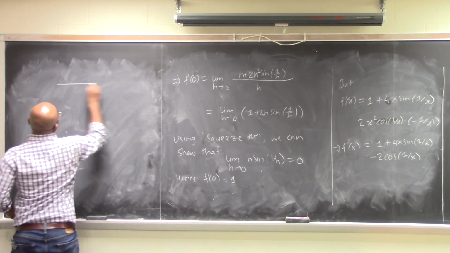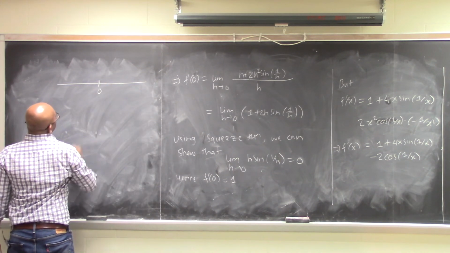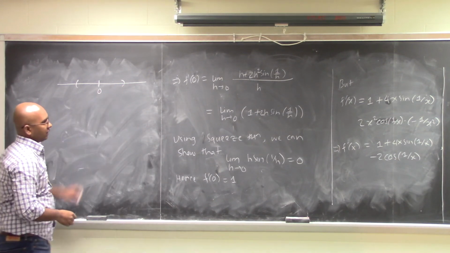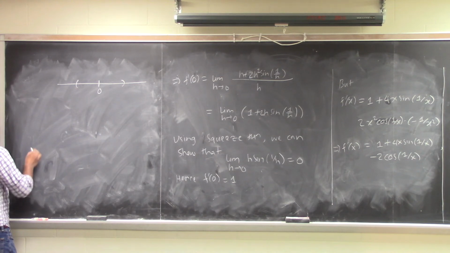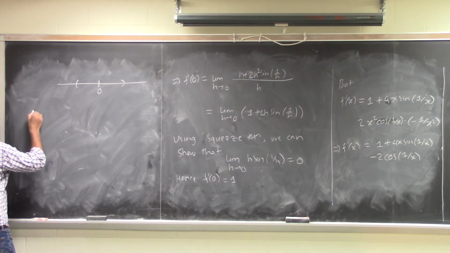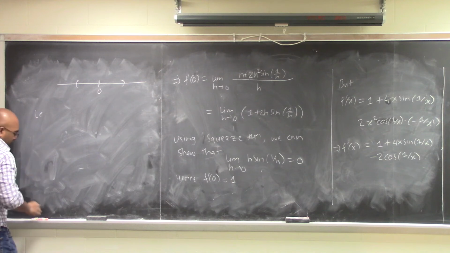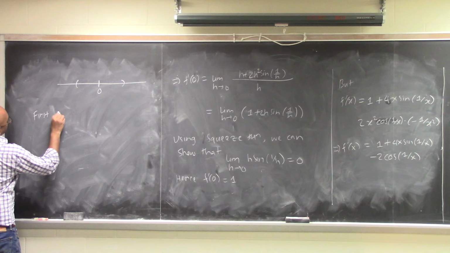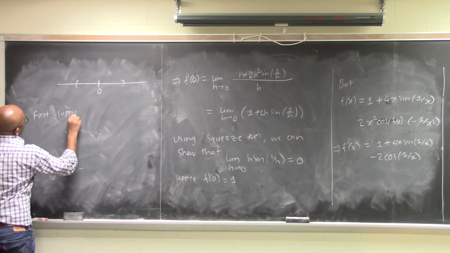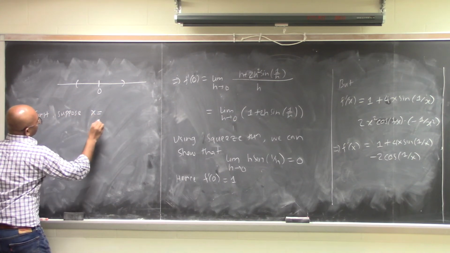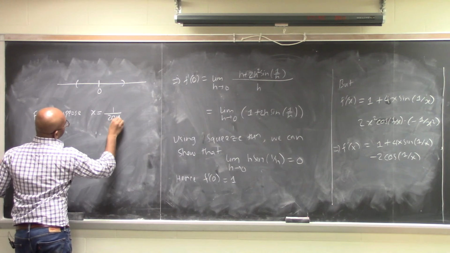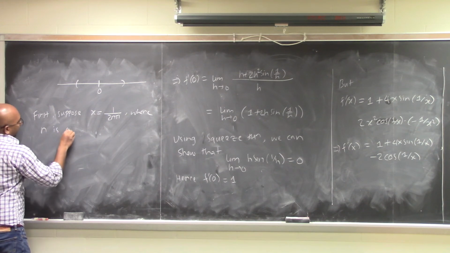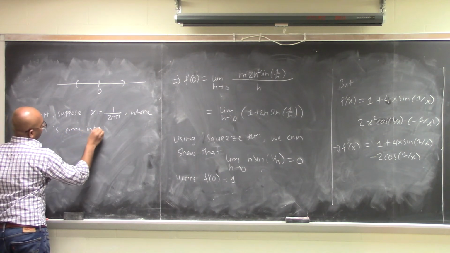So this is the interval, this is 0, and no matter what interval you choose, you can always get a point, say, let's take x equals 1 over 2n pi, where n is any integer.